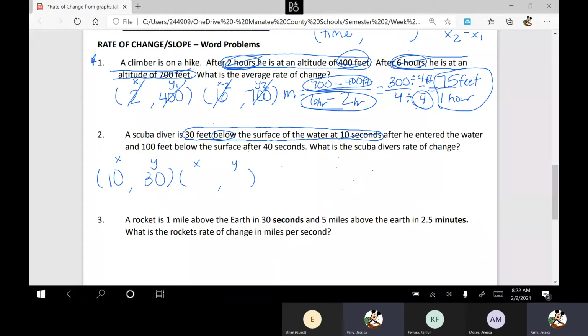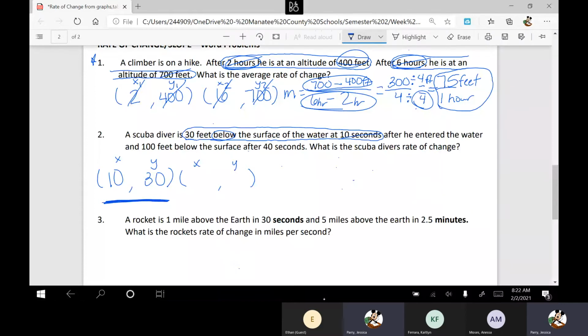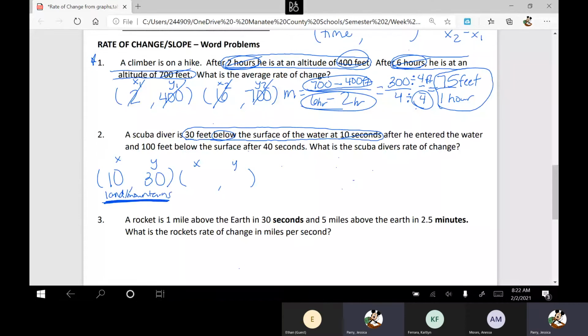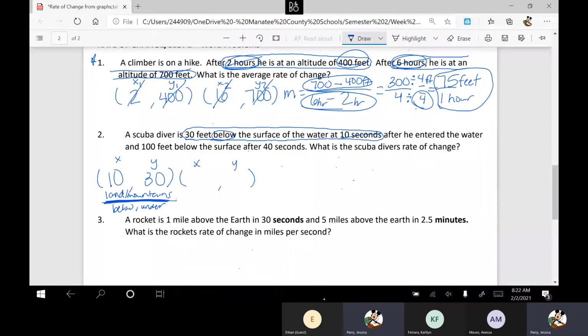But think about it. Here's the surface of the water. This is like land and mountains. Not that we have any mountains in Florida, but let's just pretend. And then we have under the ocean water. This is below, it's underwater. If this right here is 0, these numbers up top are positive.